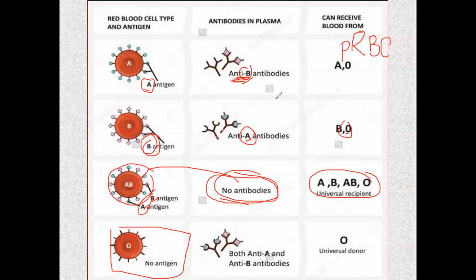And as I said earlier, you form antibodies to the antigen you lack. Wala ka namang nilalak na antibody because you have A and B antigen. Okay? Bakit kaya siya universal recipient? Kasi nga po, wala siyang antibodies. Kaya kahit anong RBC, pwede niyang tanggapin. Okay? Next, how about Tito K, blood type O?